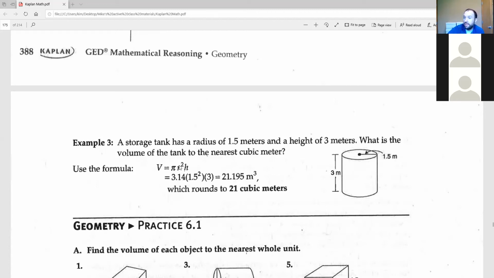And if we want to find the volume of a cylinder, all we do is take that and multiply it by how tall the cylinder is, the height, and that gives us the volume. So again, for simplicity's sake, we're just going to use pi as 3.14.